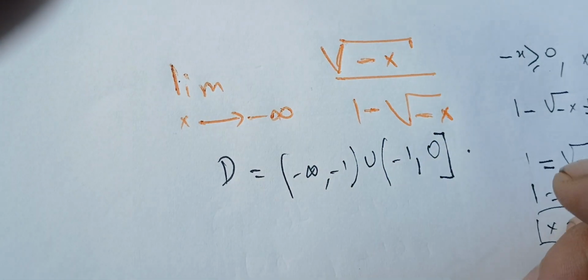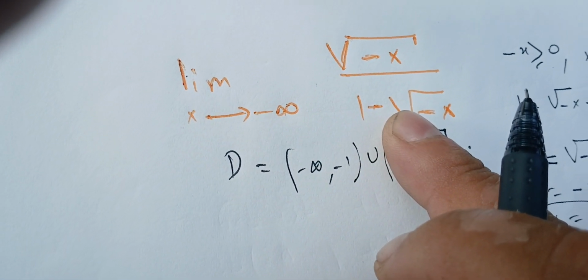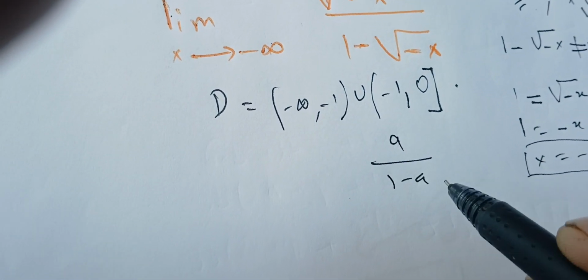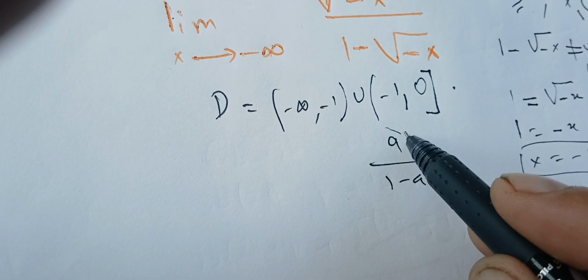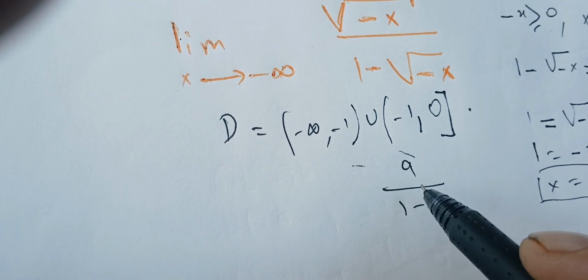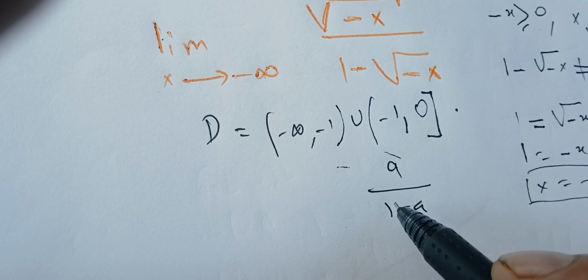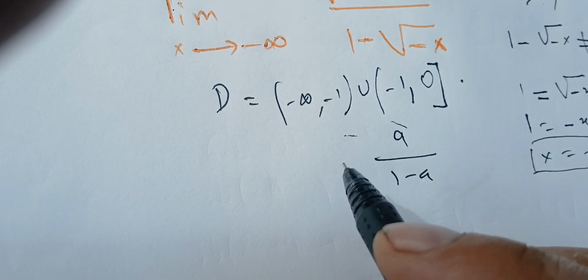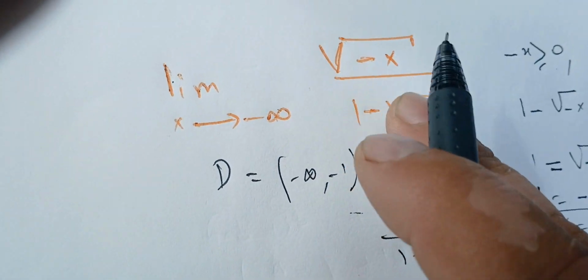They are almost the same except for this minus. So we can think of it as some a over 1 minus a. When a gets bigger negatively, it's not going to make a difference between a and 1 minus a except for this sign.